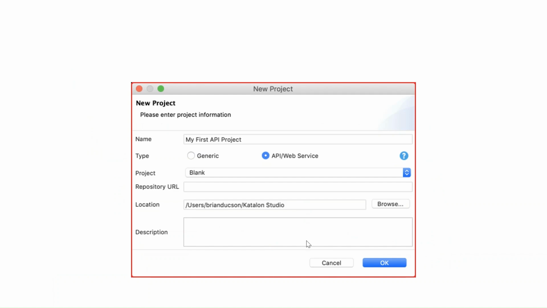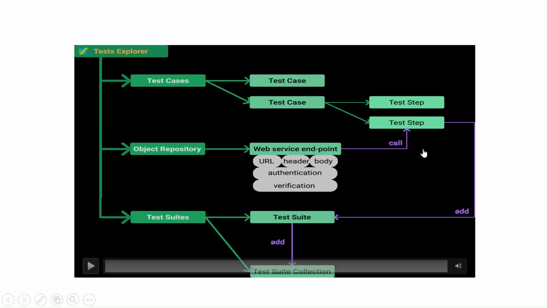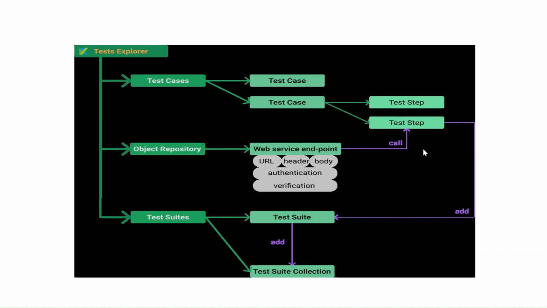Then we create different test cases and test steps, and we have an object repository where, as I told you, we keep the endpoint with the URL, the headers, the request body, and the authentication. As in Postman, we use bearer token, OAuth, and a lot of other authorizations and authentications.